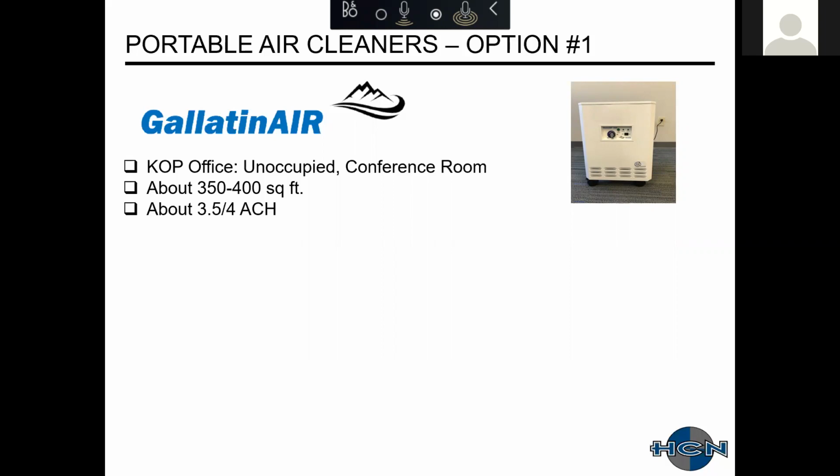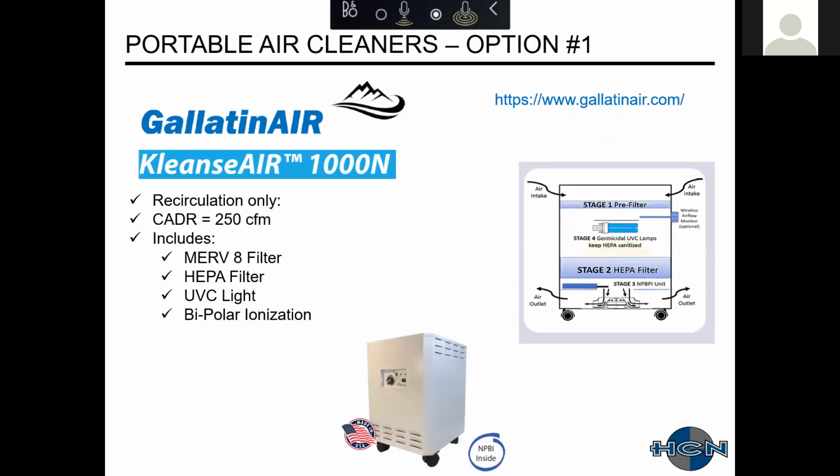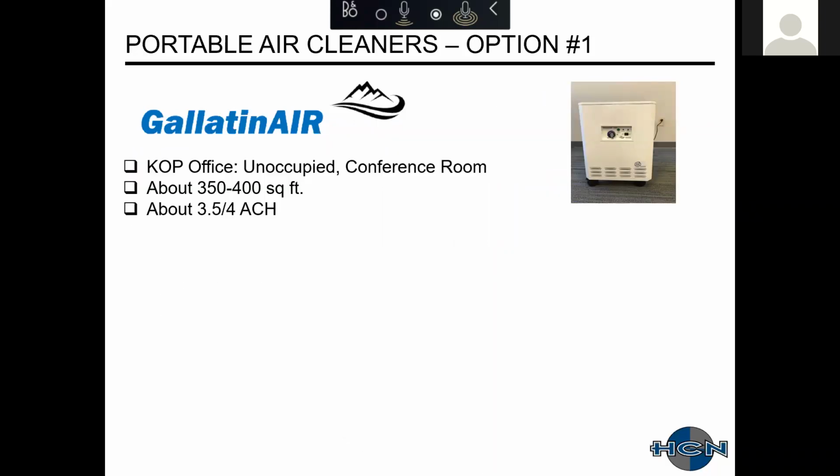So in our King of Prussia office, we did an informal product test. We took our conference room, which I'm sitting in now, and ran the Gallatin Air unit for 4 hours. Our conference room here is about 350 to 400 square feet. The Gallatin Air unit at 250 CFM resulted in about 3.5 to 4 air changes per hour.